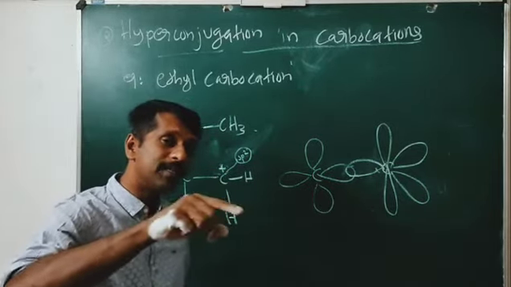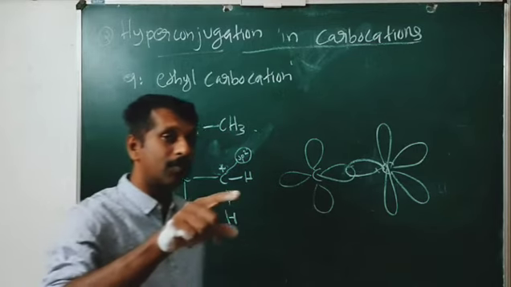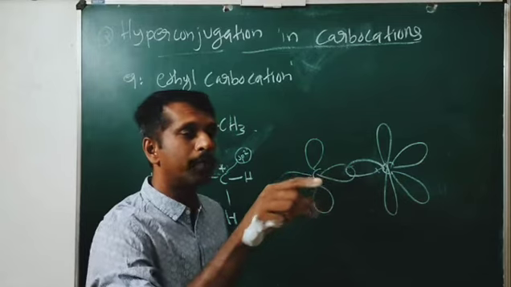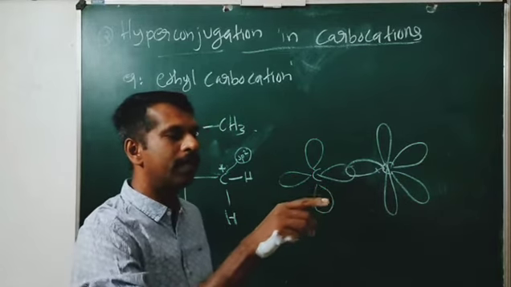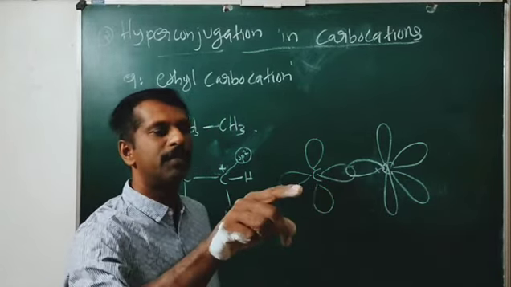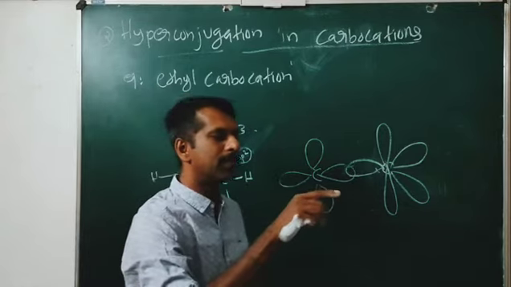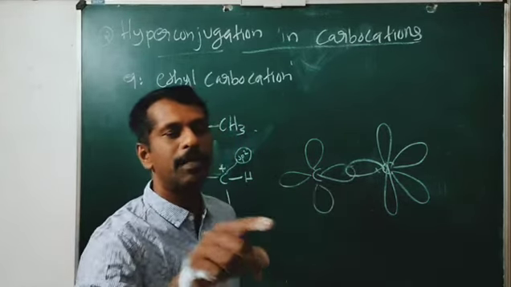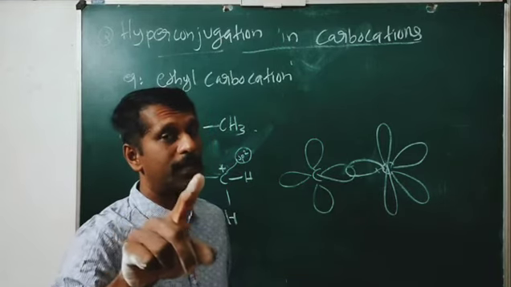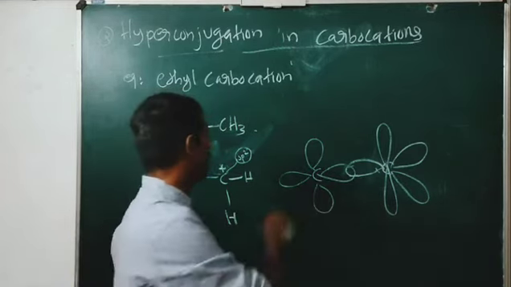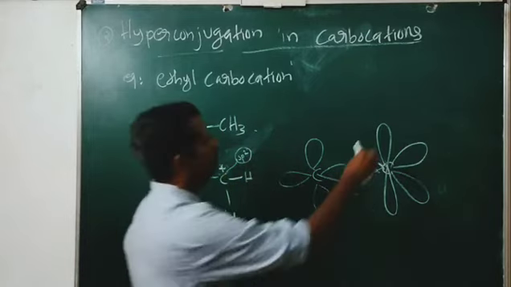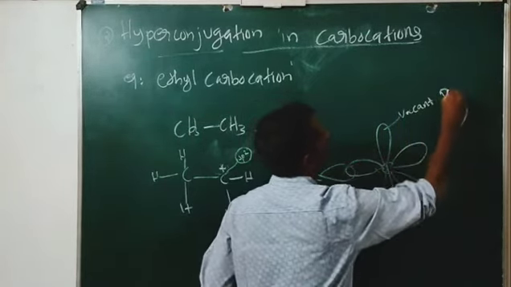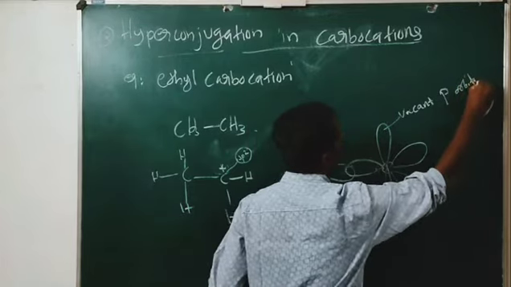In the previous case, there was a single electron in the last p orbital, 1s2, 2s2, 2p2, where one of the 2s electrons is shifted. But here, since C has a plus charge, this p orbital is vacant.